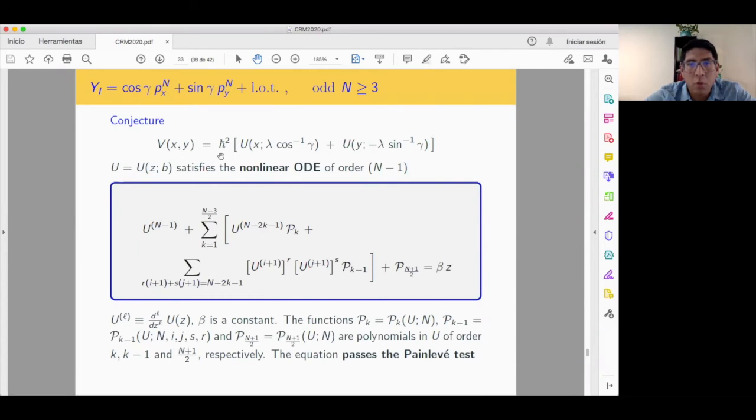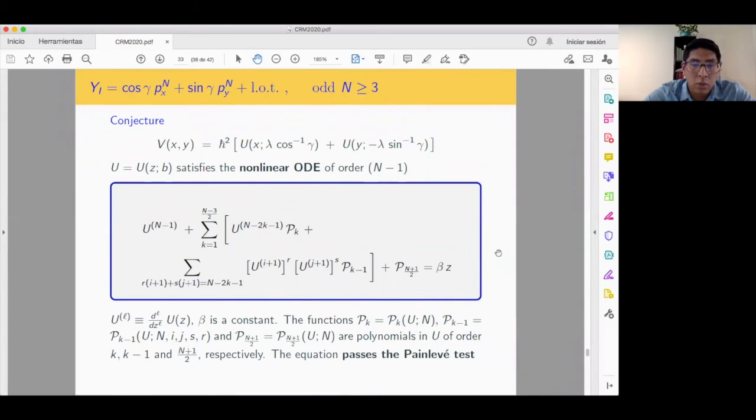It's a pure quantum potential, depends on h bar squared, and it can be written as the sum of the x and y parts, and the function capital U obeys a nonlinear ODE of order n-1 presented explicitly here. With the remarkable property that such an equation passes the Painlevé test.